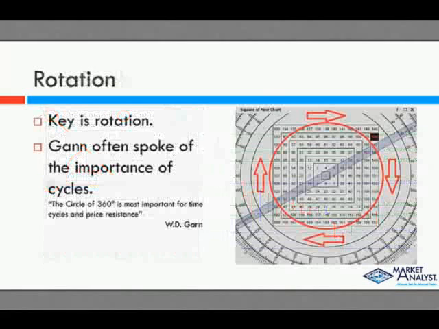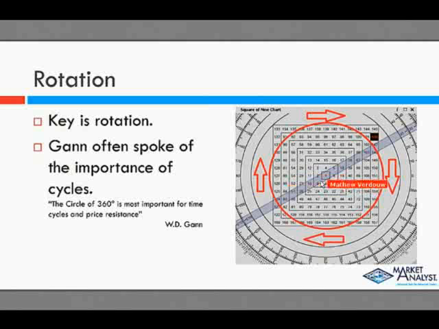All right, rotation. The key is the rotation, particularly as we expand and contract, and I'll talk more about that shortly. We've just got to understand that as we go around the square, we're rotating. So from here, we're coming around to 9, and then we go to 10, we go around again, and then we just keep rotating around these squares as we expand.